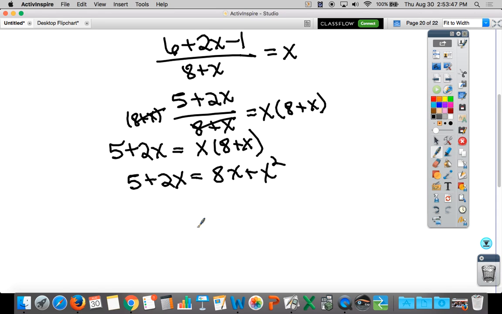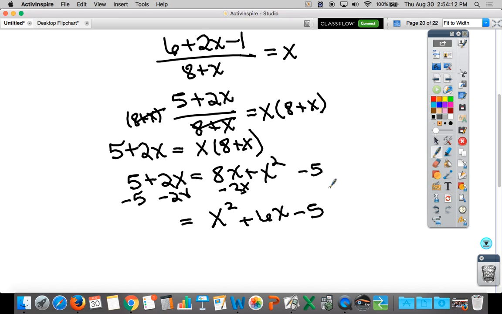What do I need to do? Get everything to one side. Does it matter which side? No. I'm just going to move my 5, and I'm going to move my 2x. Now, one thing you have to be careful of is that you keep your A, B, and C in proper order.